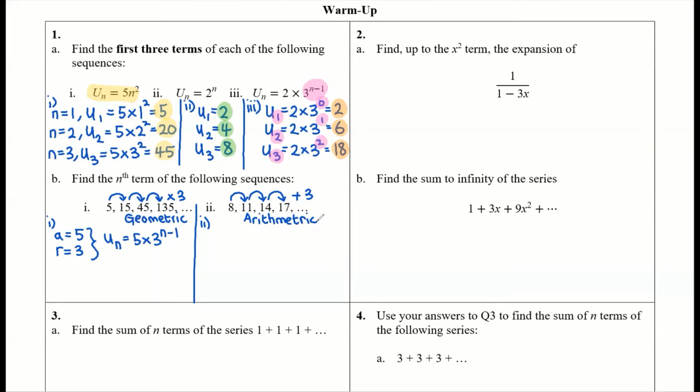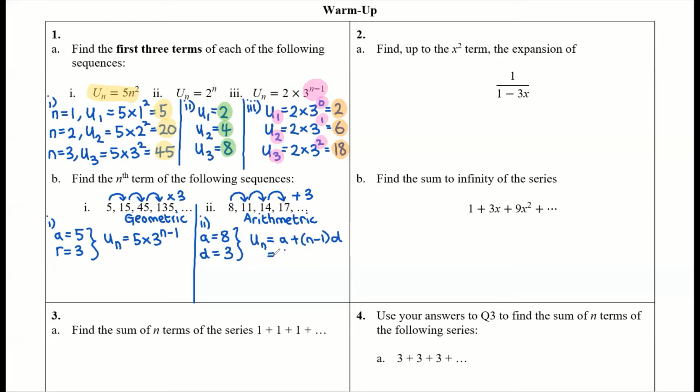Okay, so for an arithmetic sequence, we know first term is a, and we have, if you remember, the common difference d, which in this case is 3. Okay, and we sub those two values into our general term for an arithmetic sequence. So that's going to be a plus n minus 1 multiplied by d, just to remind you.